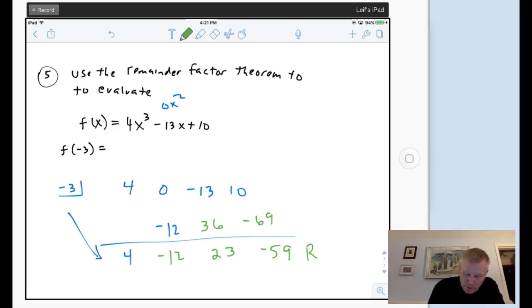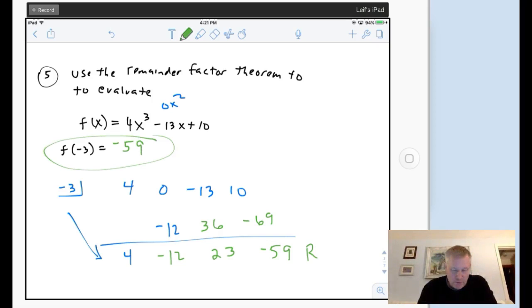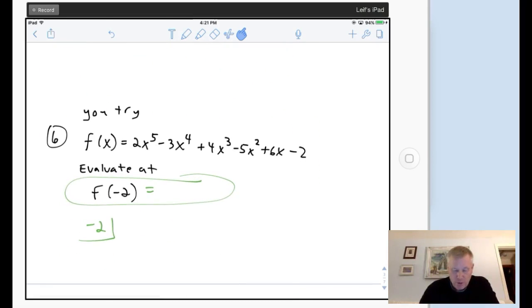And that is what f of -3 is going to be. So once again, that means that -3, -59 is going to be a point on that curve, and you can always go check it that way, okay? All right, next one, you try this one.